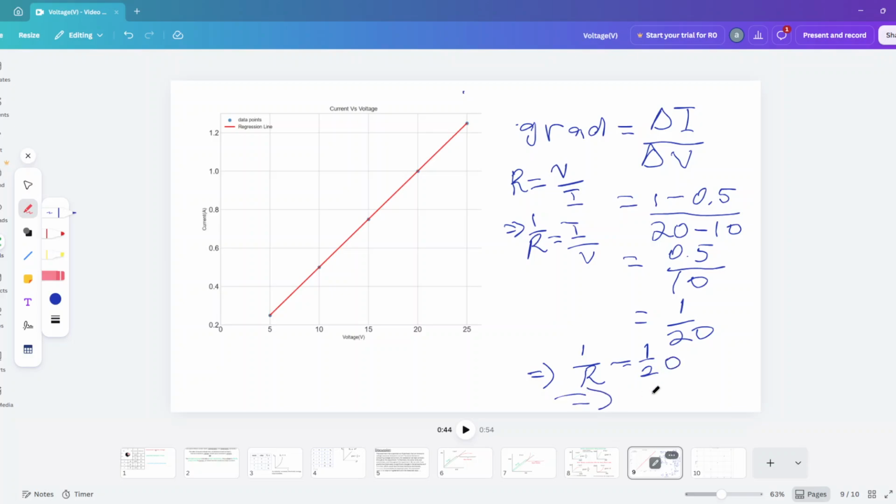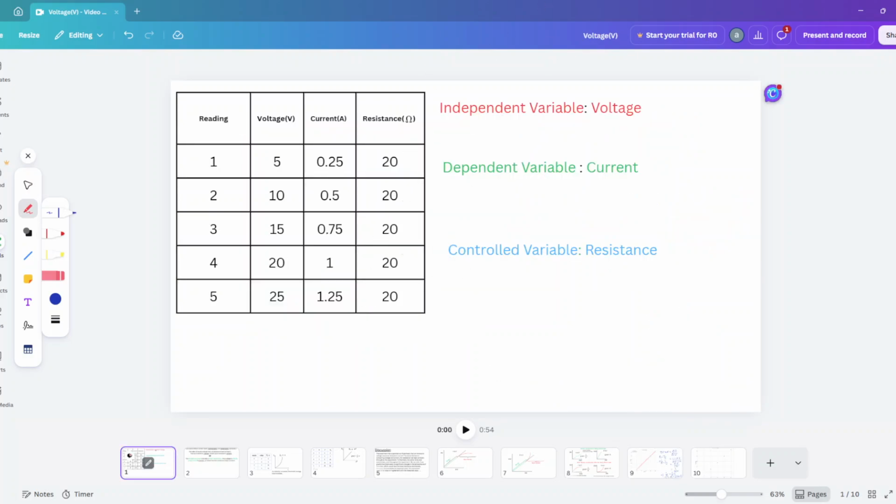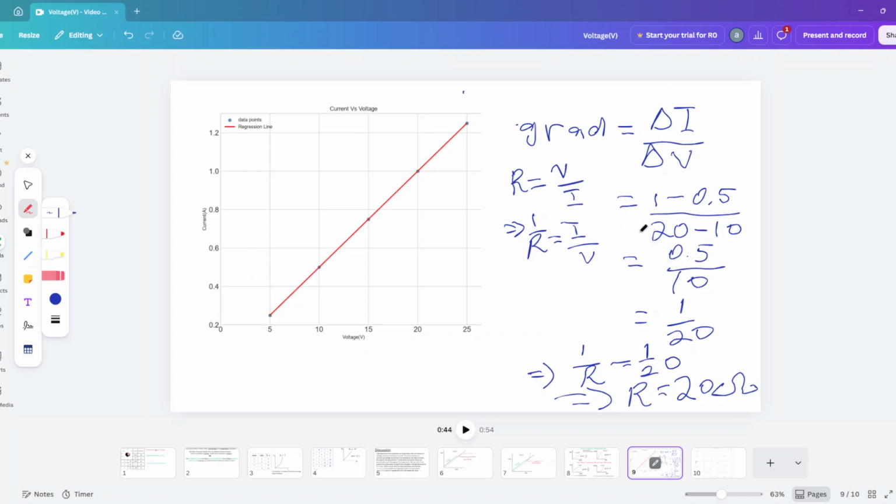That implies that R is equal to 20 ohms, and that's why in physics experiments we use straight line graphs, because we can calculate the gradient and then determine the physical quantity that's associated with the gradient of this graph. So this is 20 ohms. That is exactly the value we got for the resistance. Here is our resistance, it is 20 ohms, right?